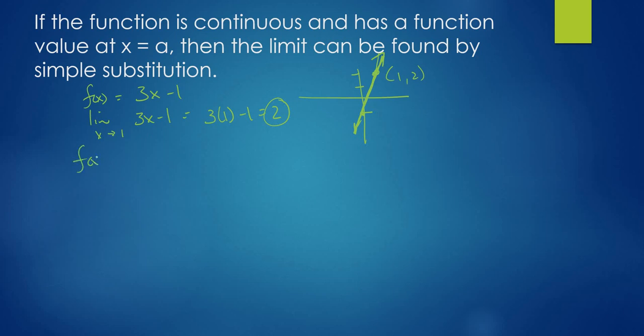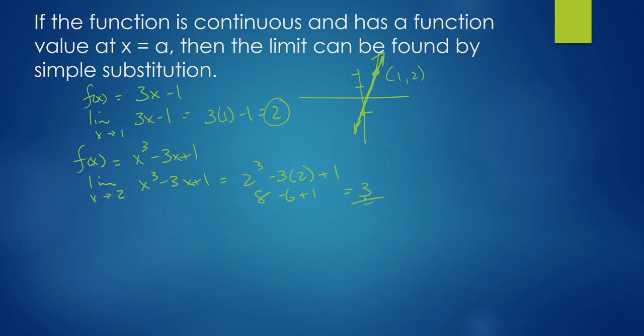So let's look at this. f of x equals x cubed minus 3x plus 1. Let's find the limit as x approaches 2 of this function. Let's just try plugging in 2 and see what we get, which is 8 minus 6 plus 1, which is 3.